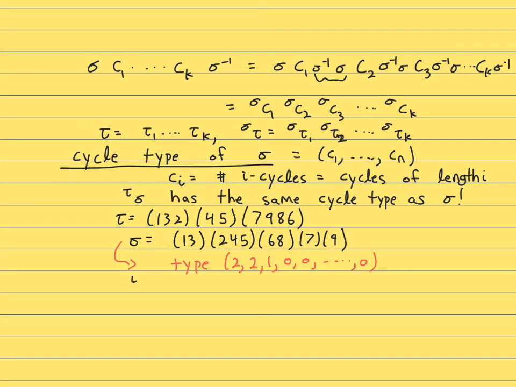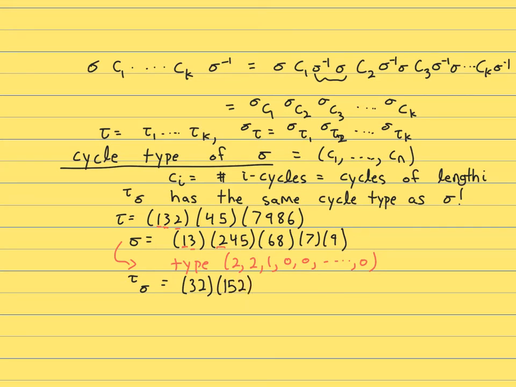What happens when I conjugate by tau? Well, it's equivalent to conjugating each cycle separately. So 1 gets replaced with 3. 3 gets replaced with 2. And that's how that cycle changed. 2 gets replaced with 1. 4 gets replaced with 5. 5 gets replaced with 2.